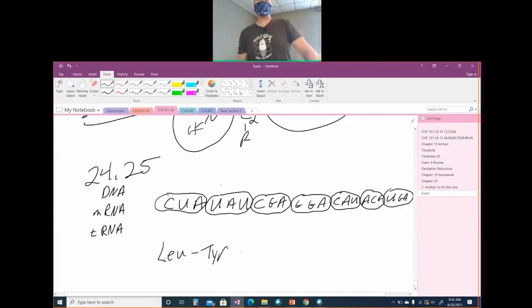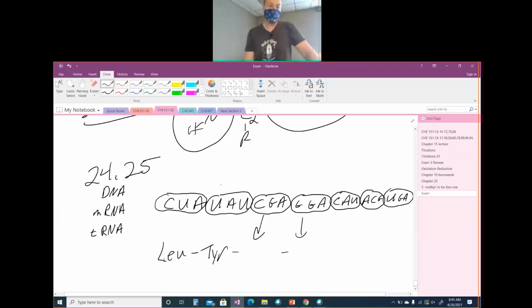Then you look at the next one on the chart, and you write that amino acid. So you don't memorize anything, you just look it up on the chart and put in the symbol or the name for the amino acid. The key is the codons are for the messenger RNA.